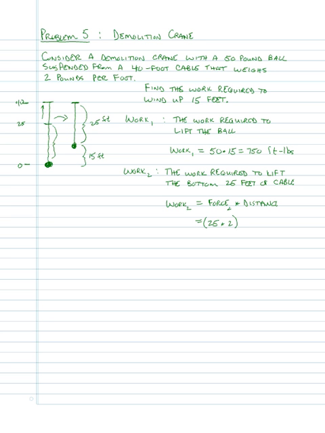So that cable itself, that 25 feet, is 50 pounds. Now, what was the distance it was lifted? Well, every part of that cable was lifted 15 feet. So this is in pounds, and here are feet. So as we calculate that, what do we get? We'll get 750 foot-pounds.